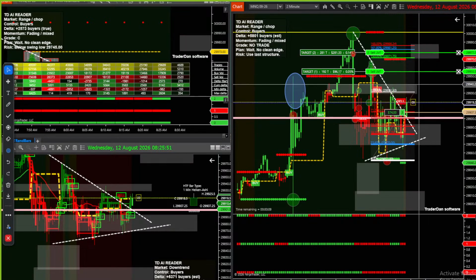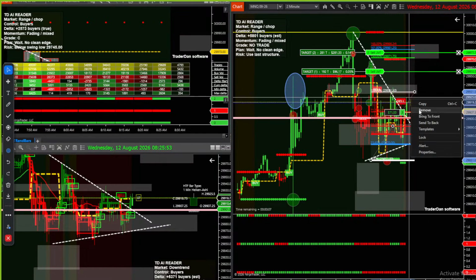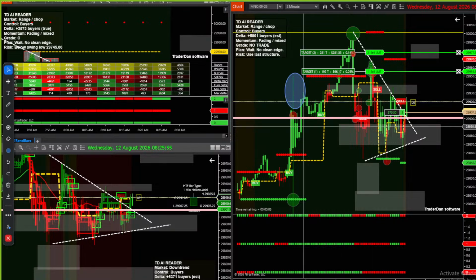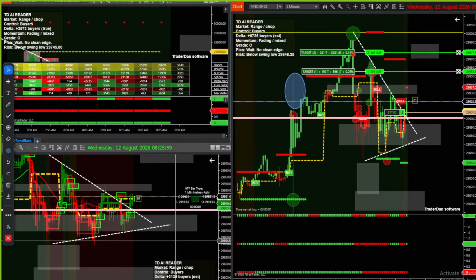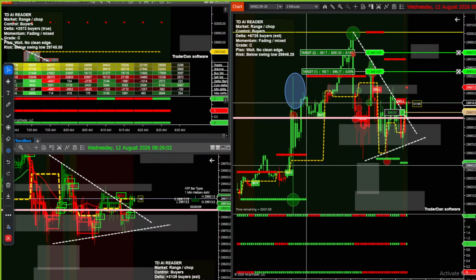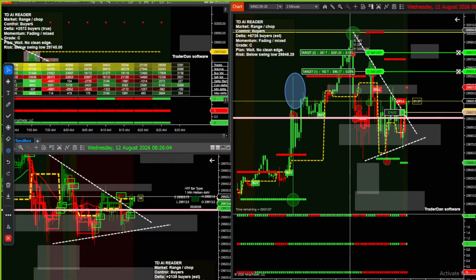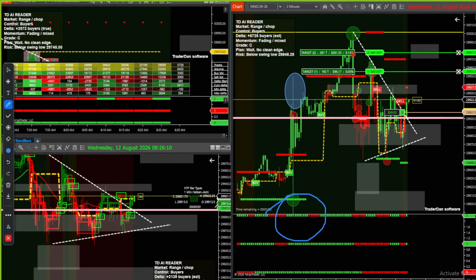But this is choppy, guys. I figured they would open this up after the news today, and they're not. They had this move up into this high before 7:30 this morning, and they have a possibility of taking out this low before they do it.